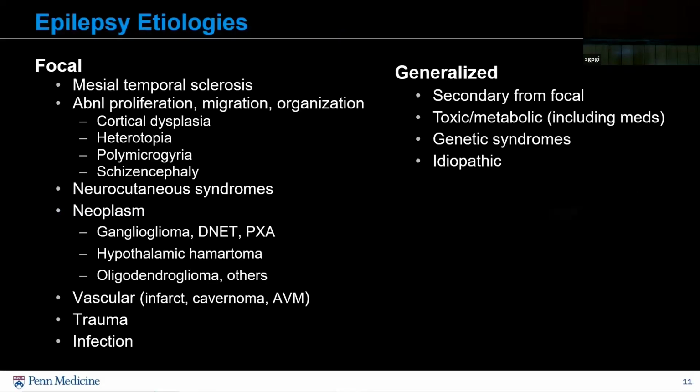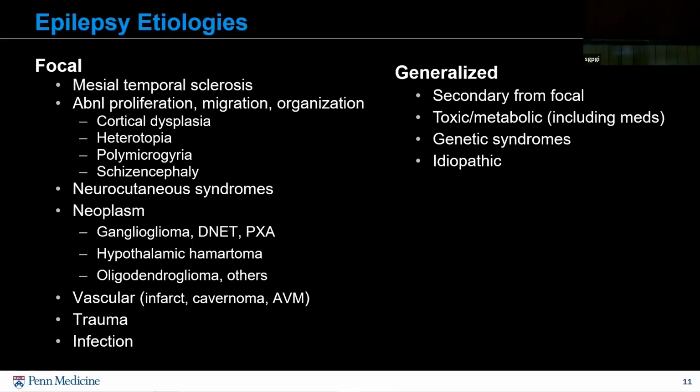What are we looking for? In terms of focal etiologies, primarily mesial temporal sclerosis, but also abnormalities of proliferation, migration, and organization, neurocutaneous syndromes, neoplasms, classic often temporal lobe neoplasms associated with seizures are ganglioglioma, DNET, and DNET-like lesions. Also, hypothalamic hamartoma, typically cortically infiltrative.